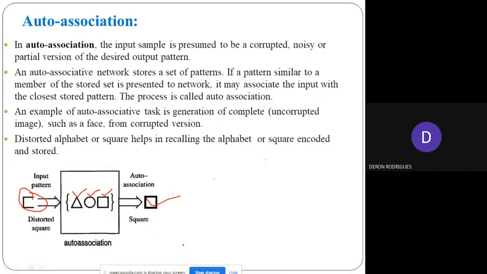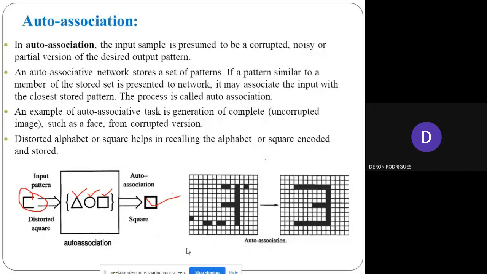So the pattern space is the same. The input patterns are also alphabets, and output patterns are also alphabets. But each person's patterns are slightly different from the ones which are actually stored in the memory. So character recognition is an auto association task.